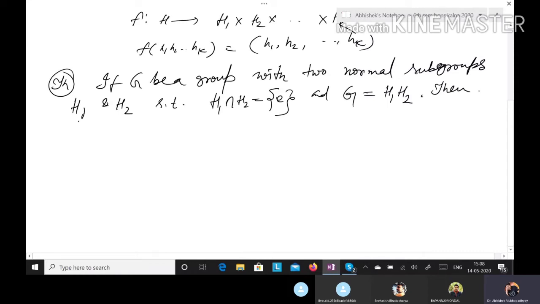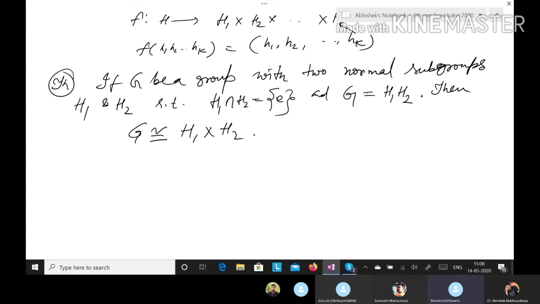Then we can show that G is isomorphic to the external direct product of H1 and H2.